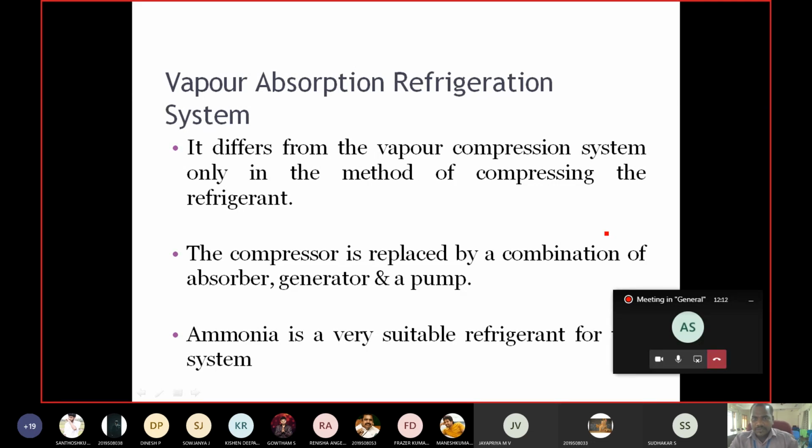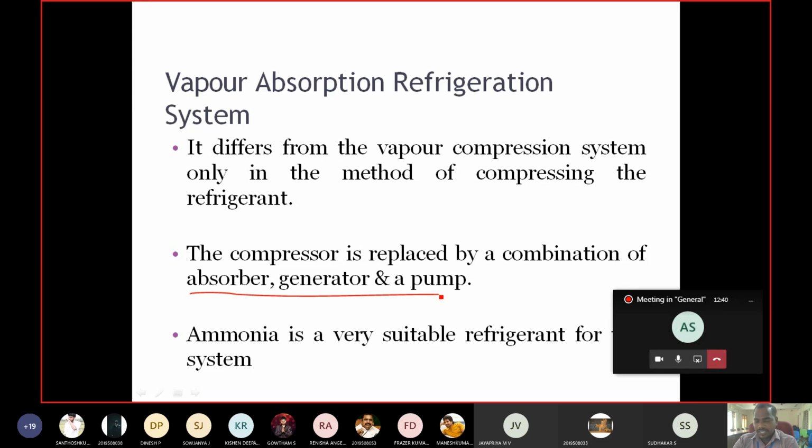Here we use a different method. The compressor is replaced by a combination of absorber, generator, and a pump. Namely absorber, generator, and pump replace the compressor in this VAR system. Here the working medium will mostly be ammonia.